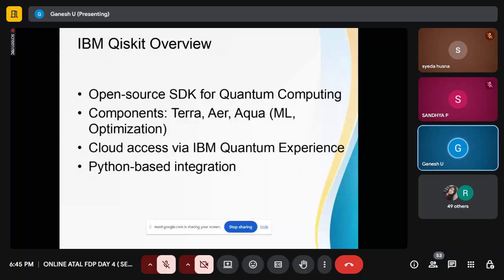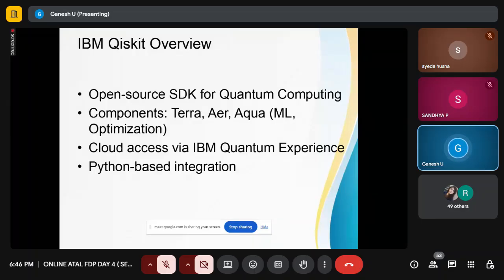So the next components we will see are Terra, Air, Aqua. These are the components of IBM QSkit quantum computing. It was historically structured around four original components named after classical elements: terra, air, ignis, and aqua.